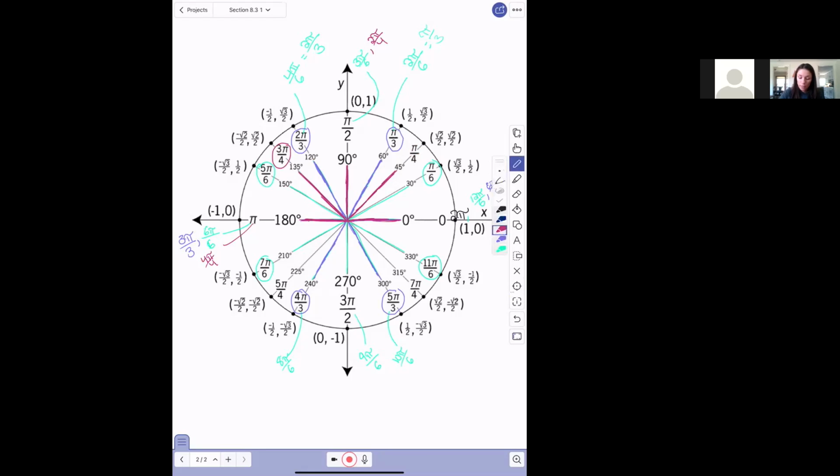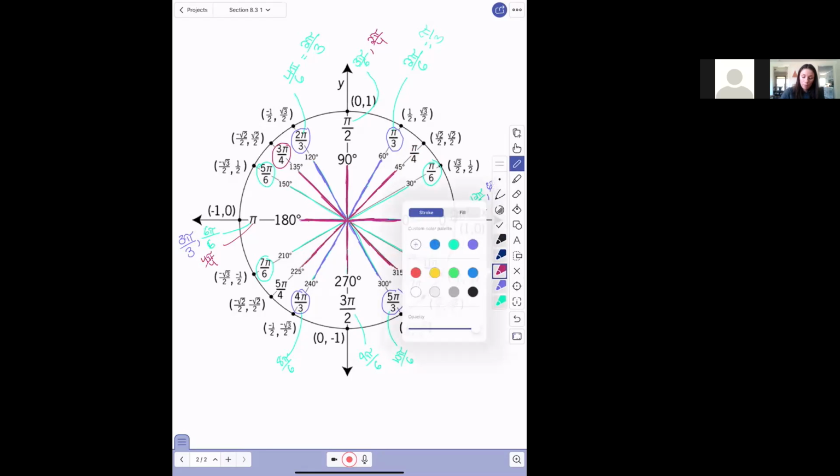Okay, from here, if we look at the bottom half, from pi to 2 pi, I'm going to keep adding just 1/4 pi to my previous fraction.